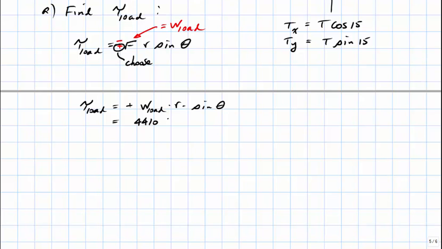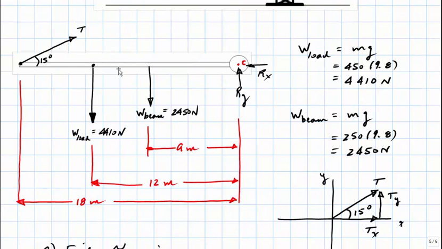So R equals 12 in this case, and the angle between R and the weight needs to be determined. Well, as we can see, R is perfectly horizontal and the weight is perpendicular. It's perfectly vertical. Therefore, the angle between them is 90 degrees.